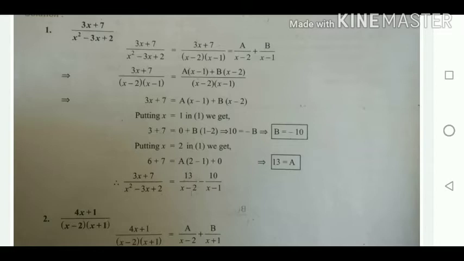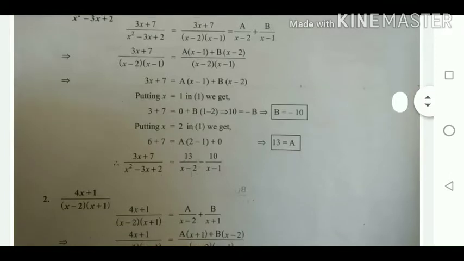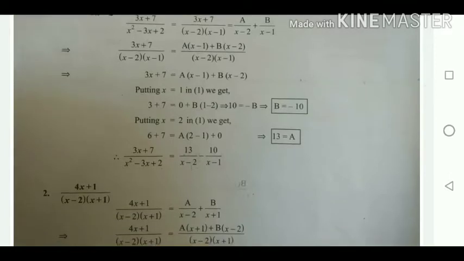Now we are getting two factors, so write (3x plus 7) divided by (x minus 2)(x minus 1) equal to a by x minus 2 plus b by x minus 1. Now multiply by these factors on both sides. If we multiply by x minus 2 and x minus 1 on both sides, we get 3x plus 7 equal to a into x minus 1 plus b into x minus 2.